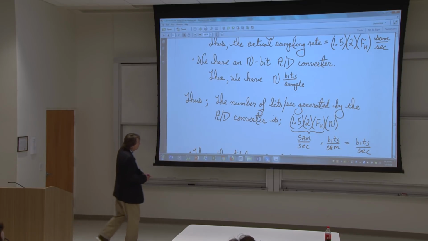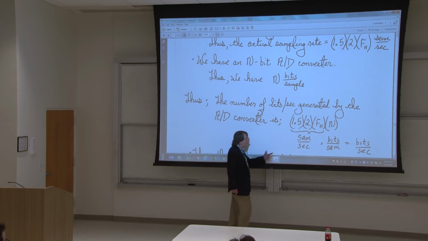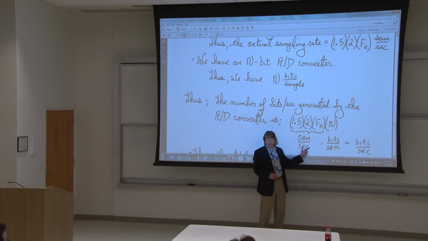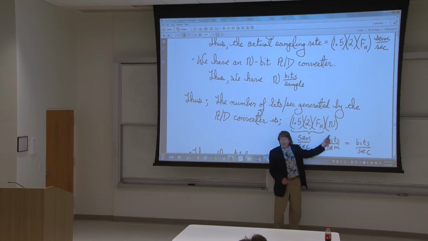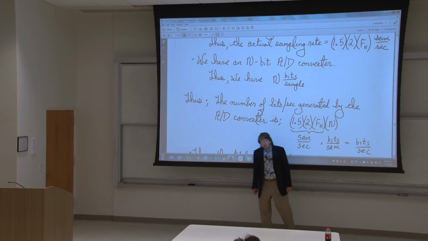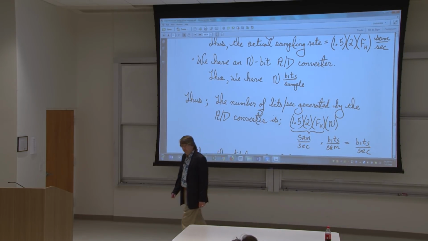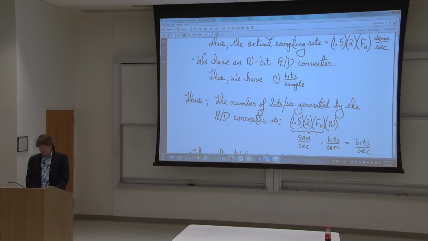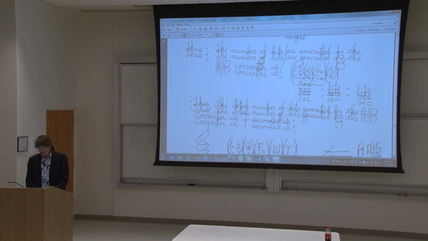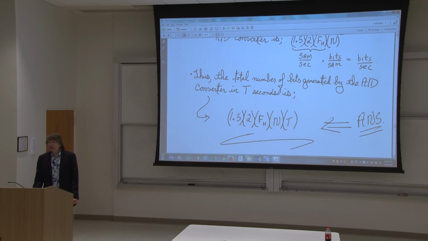And I wrote the units down here. All of this, as we discussed on top, is samples per second, and n is bits per sample. I multiply everything out. I get bits per second. Now, what are we looking for? The total number of bits in capital T seconds. Just multiply it by T.